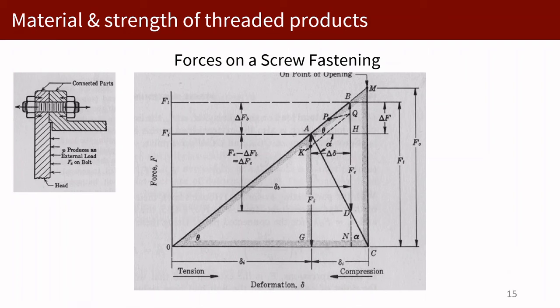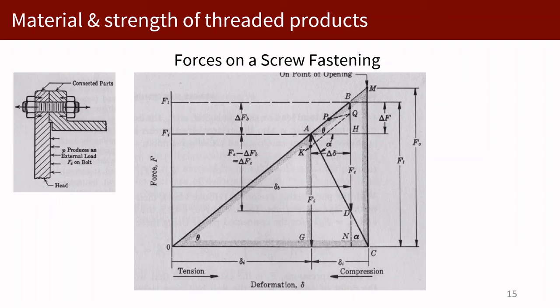These similar triangles are 0GA, the first triangle, and the second is 0CM. These two triangles represent the two instances, or points of application of forces on the bolt.